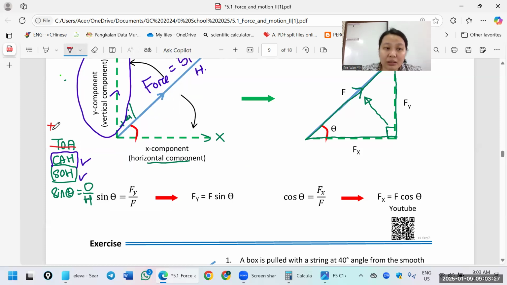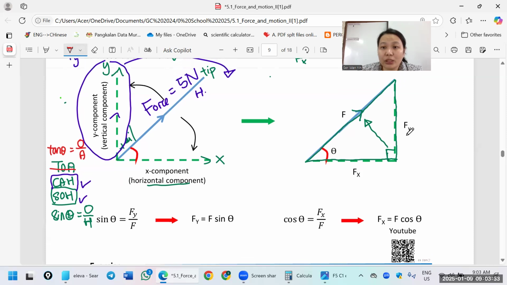Why? Because tangent theta equals opposite divided by adjacent, look at this angle, opposite, adjacent.